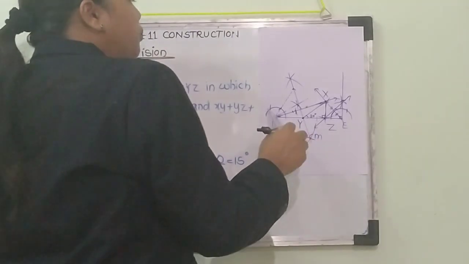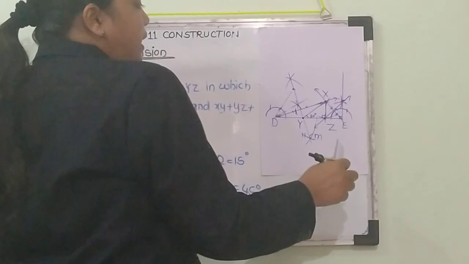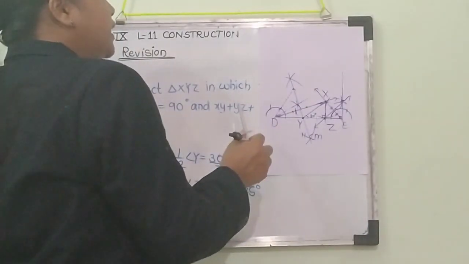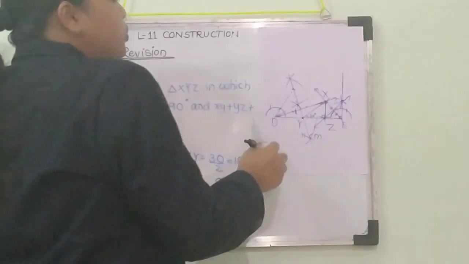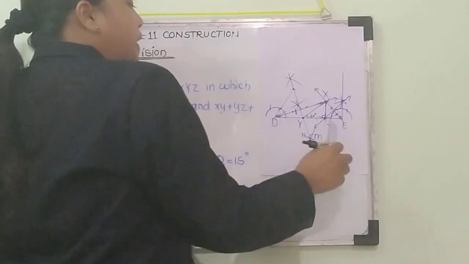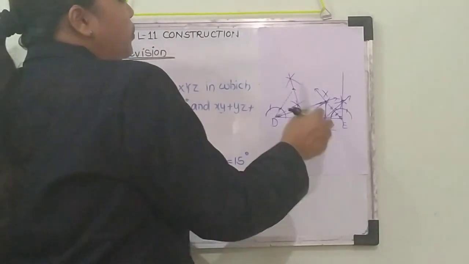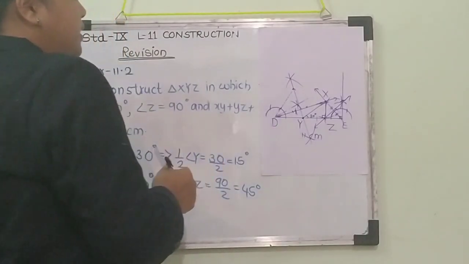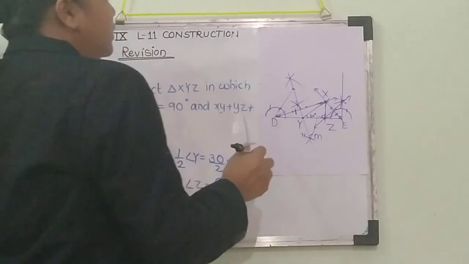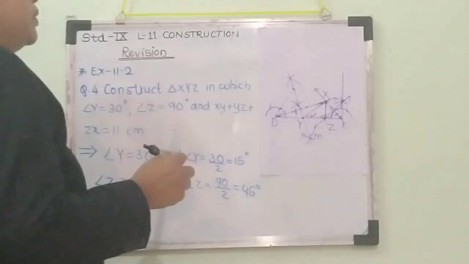After we draw the half of the given angles, where they meet we get one vertex of the triangle. Then join that vertex with the base, that is the perimeter's vertices, and then we have to draw the perpendicular bisectors. Like this we have to draw the construction of a given triangle when the perimeter is given.